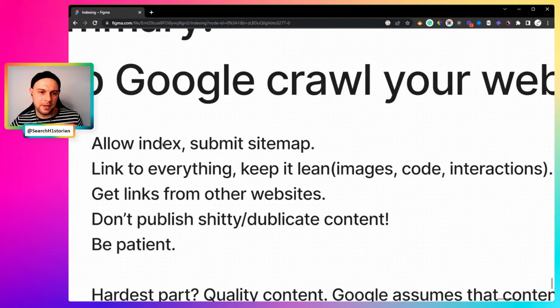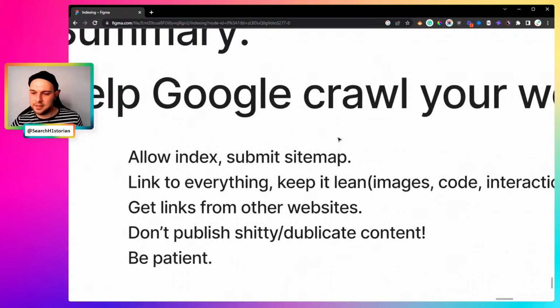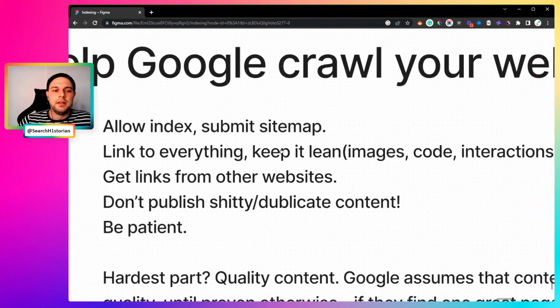Make sure you allow index. Help Google to crawl your site. Don't stop it or make it difficult. Basically make it as easy as possible. Make it indexable. Submit sitemap as soon as you can, as soon as you want it to be submitted. Link to everything as much as you can, as long as it makes sense.